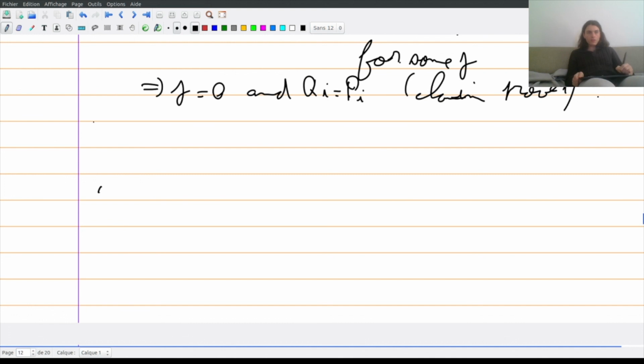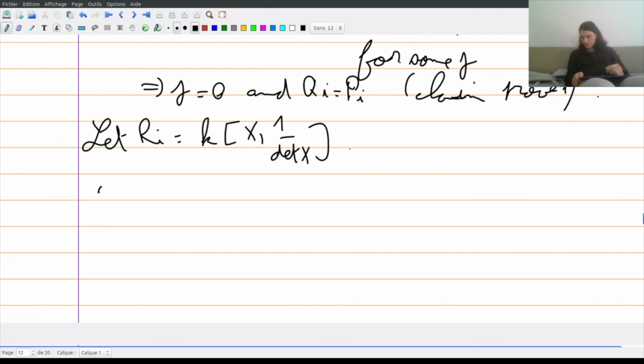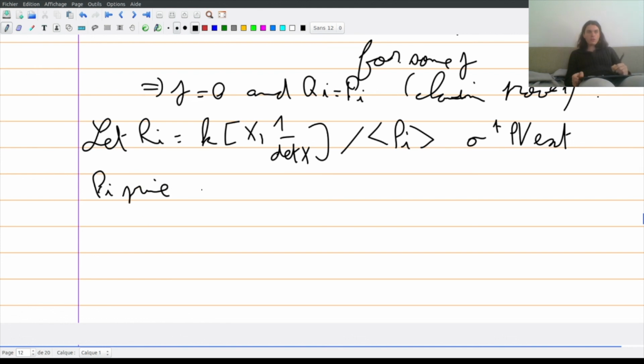So it means that the good candidates for the Ri are the following. So it's K of X1 over the determinant, that you quotient by Pi. So it's a sigma T Picard-Vessiot extension. The fact that you have a prime ideal makes Ri an integral domain.